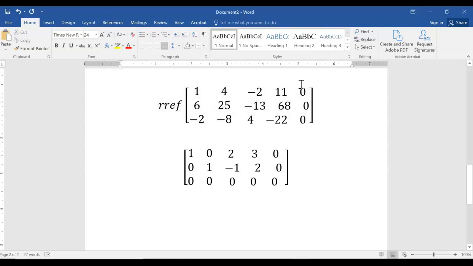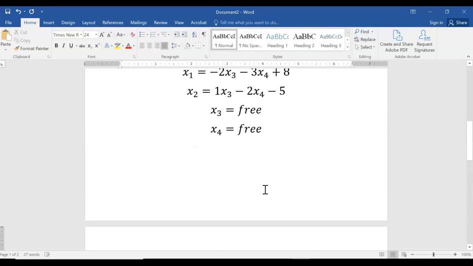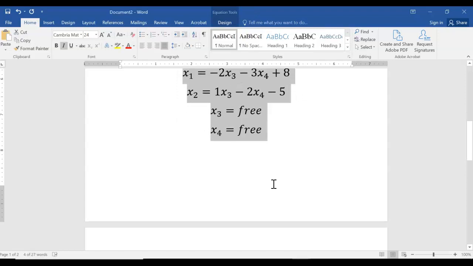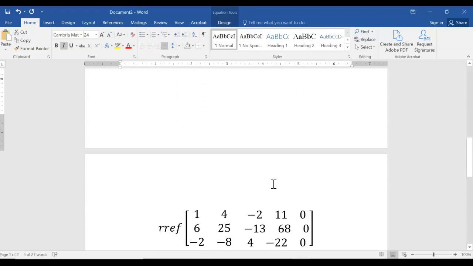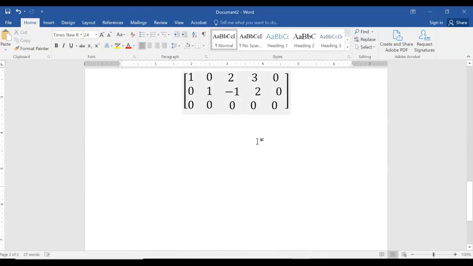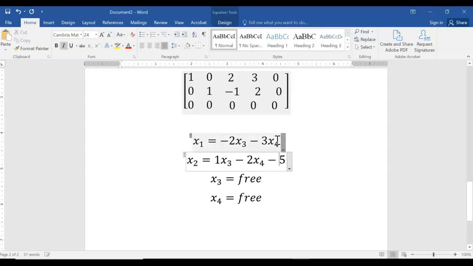But you see that last column is zeros, last column stays at zeros. And notice what happens. As far as the general solution goes, the general solution looks exactly the same, except all those constants turn into zeros.